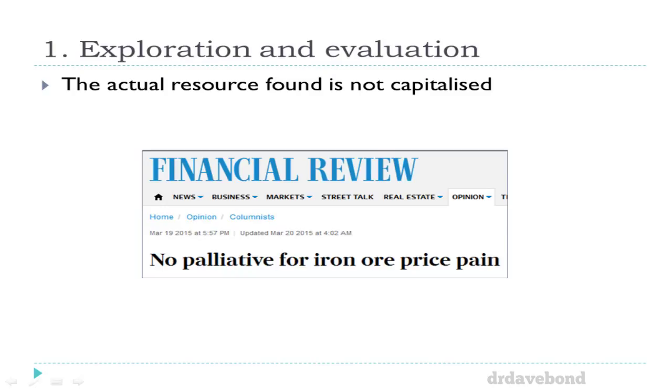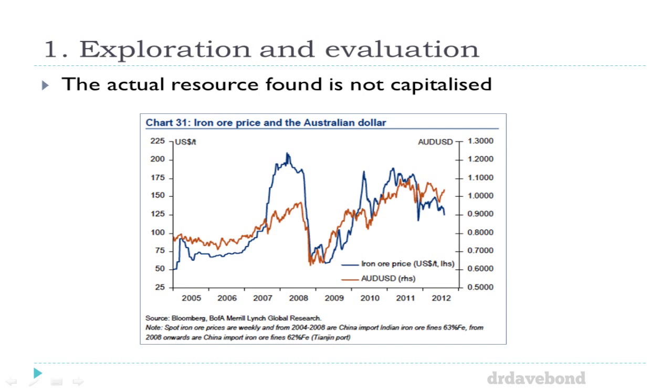No palliative for iron ore price pain. Now, what I pulled out here, and this is another argument, arguably, as to why iron ore, well, not just iron ore, but commodity prices shouldn't necessarily be embedded within the financial statements, is in the red line, what we have is the Australian US dollar exchange rate, and we have the US dollar price for iron ore per ton in the blue.